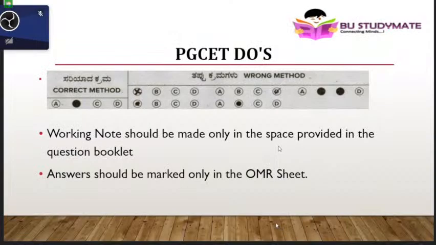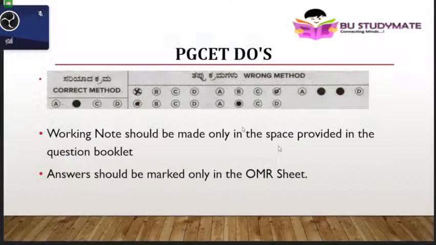Okay, so what you can do and what you don't have to do in PGCET, even before getting into our syllabus part of it, let's just know about what you should and shouldn't do in the PGCET exam. The do's, I've clearly shown you with the picture, the correct method.